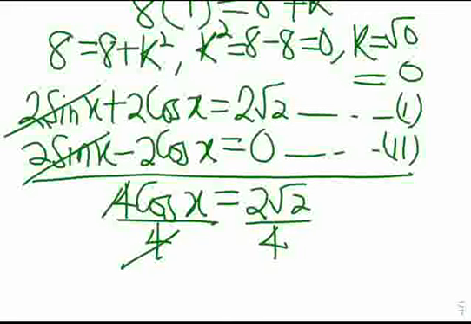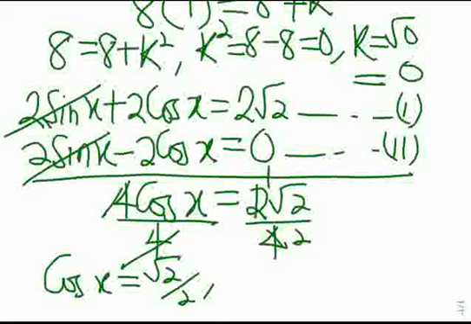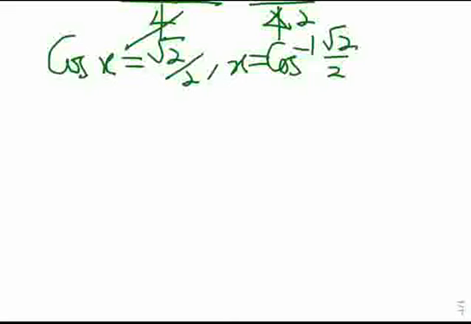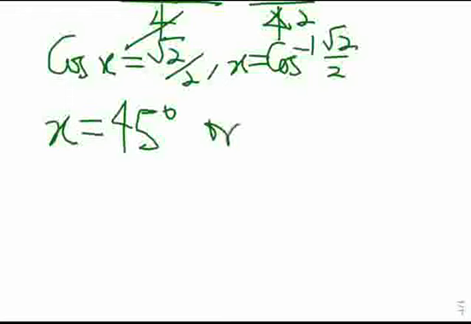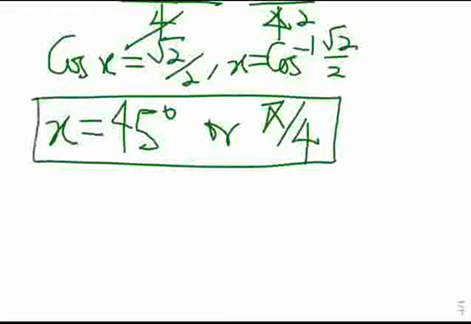Cos x is equal to 2 root 2 over 4, which is root 2 over 2. And then x is the cos inverse of root 2 over 2. This would give you 45 degrees. The value for x will be 45 degrees or pi over 4. So that is the solution to this question.